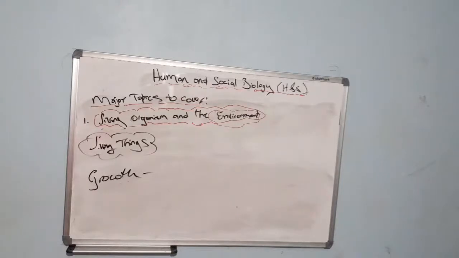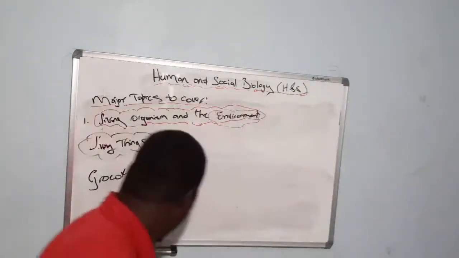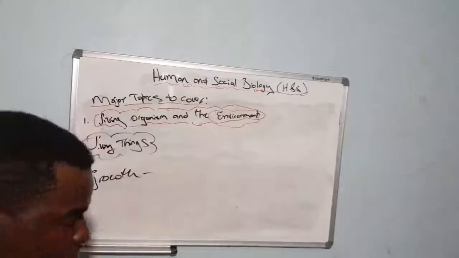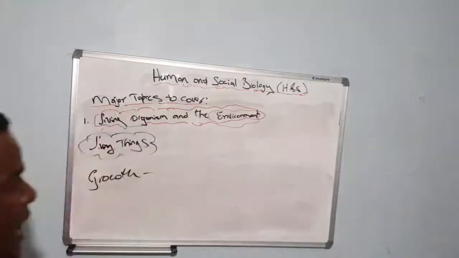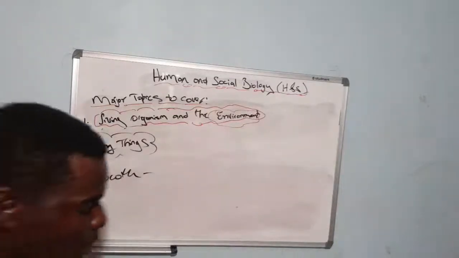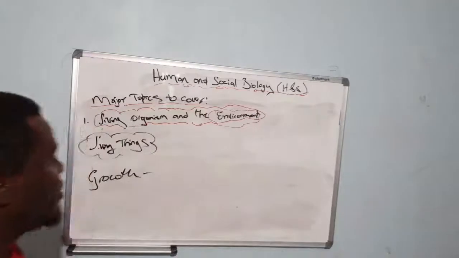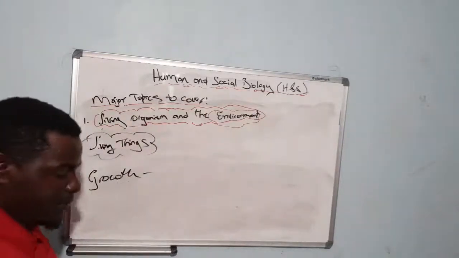So growth, this is the increase in cell size and numbers, because most of the time persons have a tendency to mix up growth and movement. So I want to explain today that these are two distinct terms.